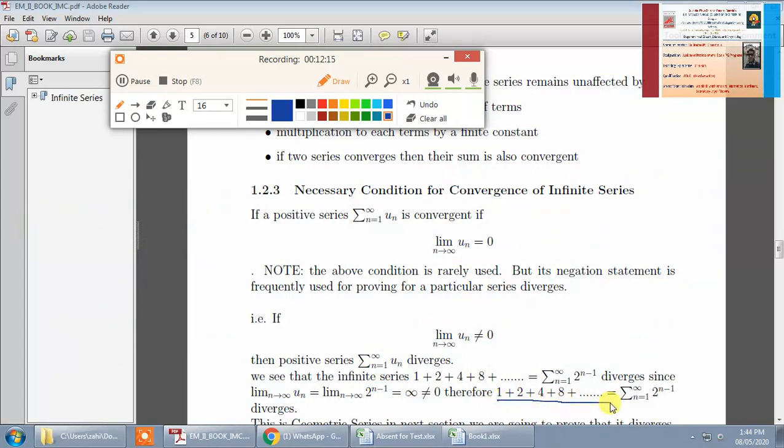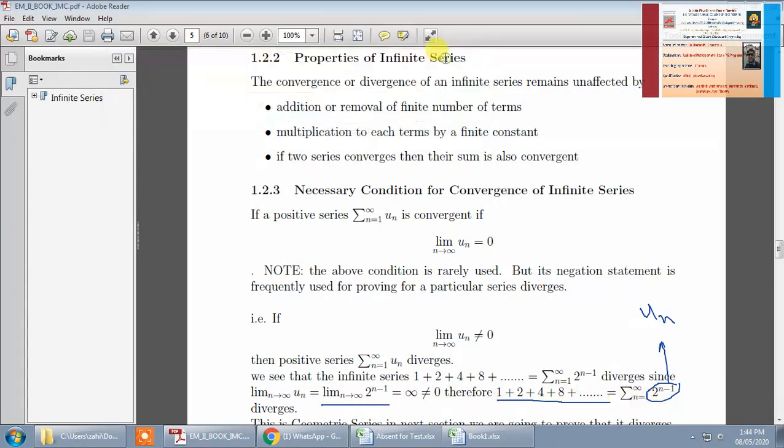You will find that this series also diverges, because the nth term of the series is 2 raised to n minus 1. That is your un, and as n tends to infinity it becomes infinity, which is not equal to 0. Therefore this series diverges.